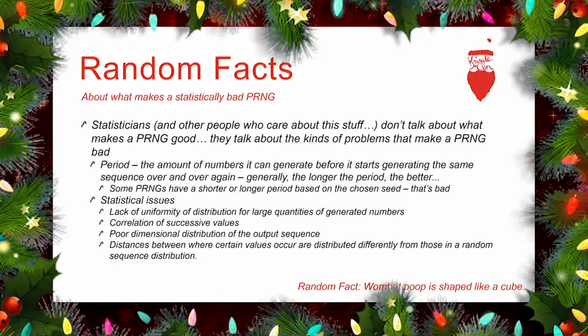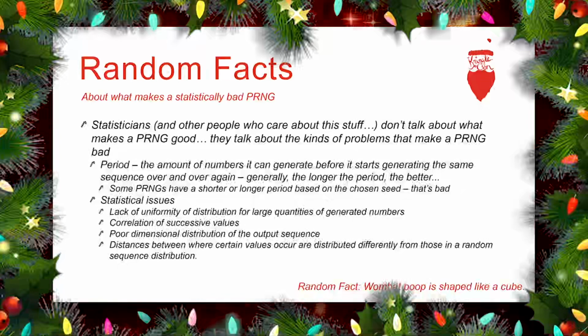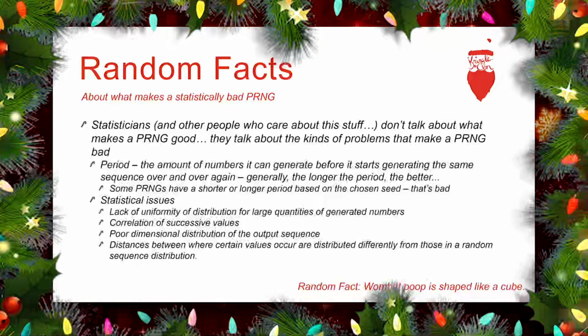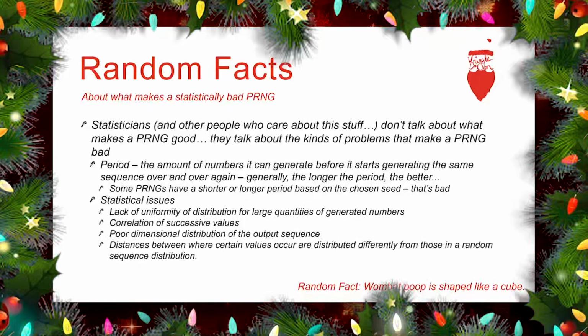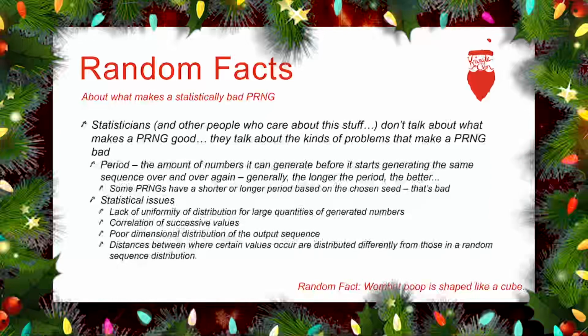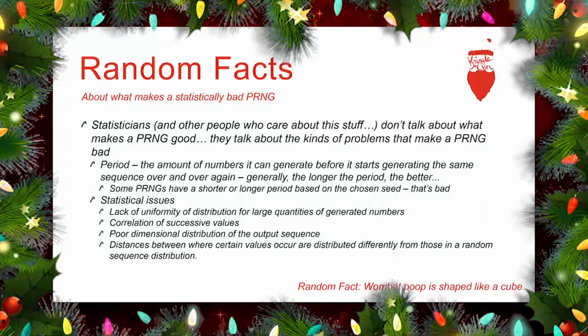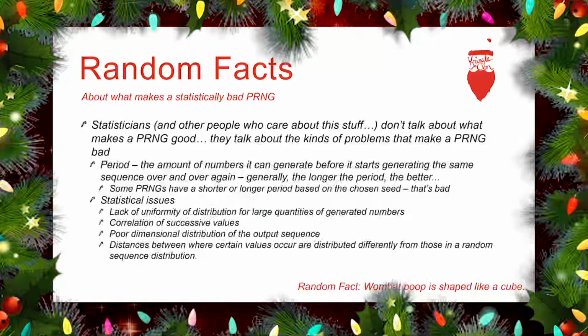Some algorithms have a period that's dependent on the seed, and that can be really bad, because if you pick the wrong seed value, either accidentally or because you happen to choose the number of milliseconds since the machine started, you can end up with some really bad random numbers being generated. Bad from the perspective of being statistically bad.